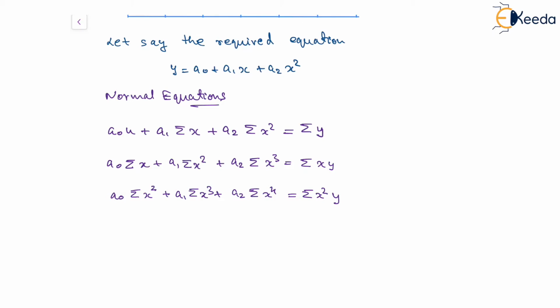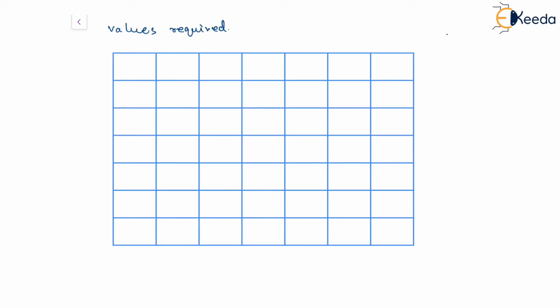But for that we require some variable values, that is summation of x square, summation of y, summation of xy, summation of x square y, and so on. So we'll form a table which contains x, y, x square, x cube, x to the power of 4, xy, and the last one which is x square y.